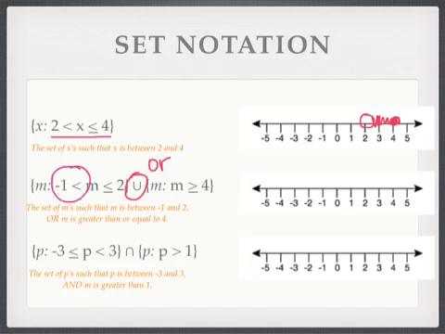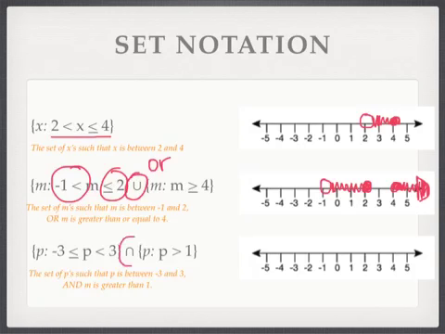So open circle on negative 1, closed circle on 2, and shade in between. And then also greater than or equal to 4. Okay? So all of that would be included.